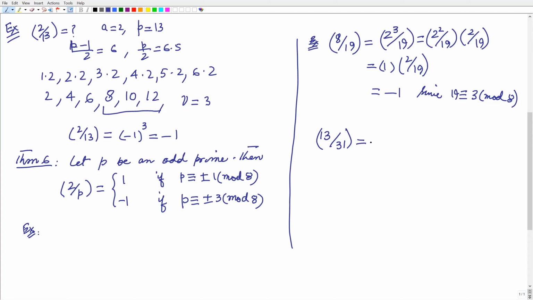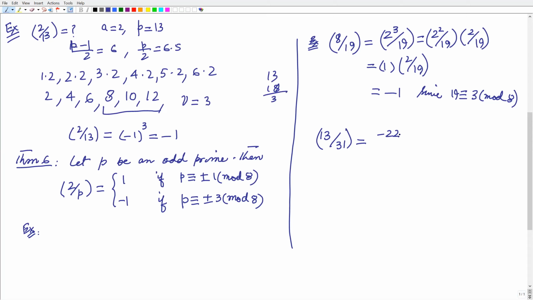So 13 can be written as minus 18, because 13 plus 18 is 31.